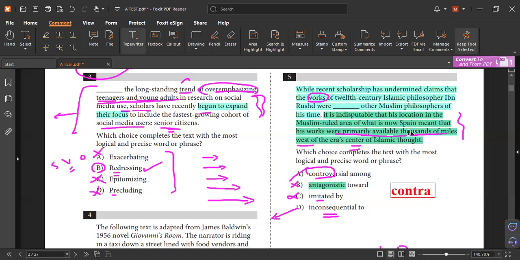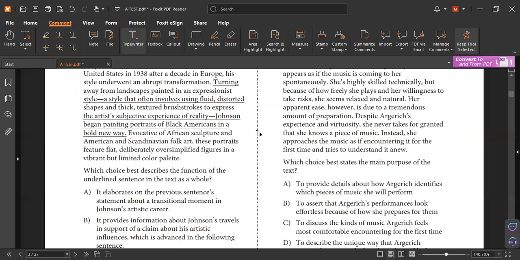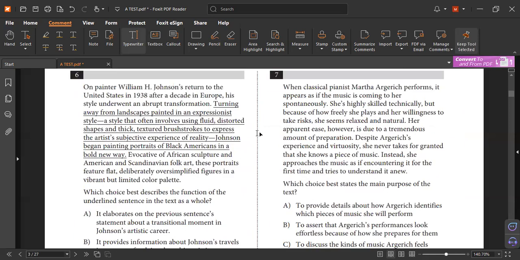So that means no controversy, no antagonism, no imitation, but no effect. That's why. So what helped me? The construction, the structure of the sentence. That's going to help you. Let's try again with something. That's it for reading. Did you answer these questions of the book function?